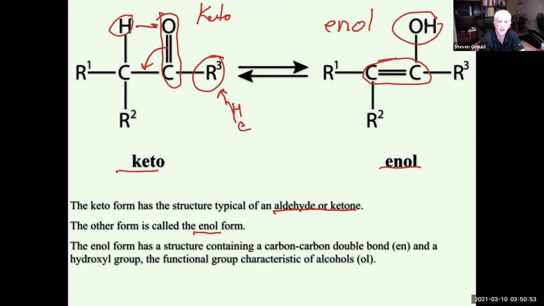The enol form has a structure containing a carbon-carbon double bond, which you can see right there, and a hydroxyl group, which is your OH group right here. The functional group for this is an alcohol. The functional group for this one here is a ketone or an aldehyde.